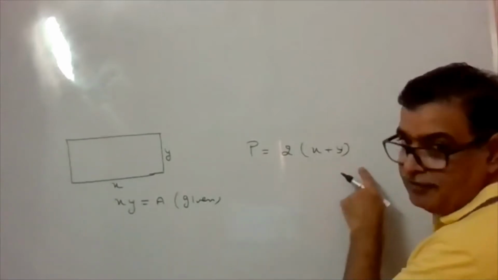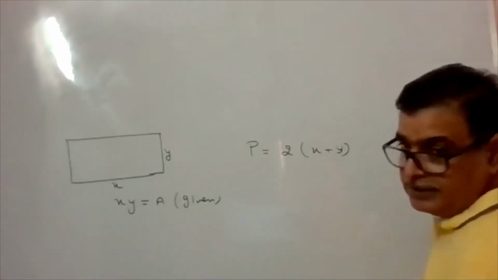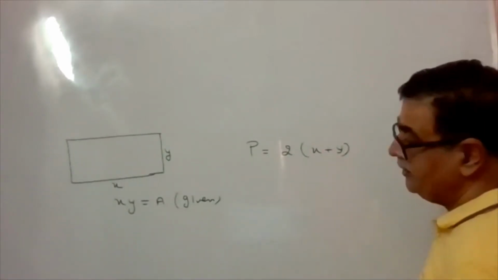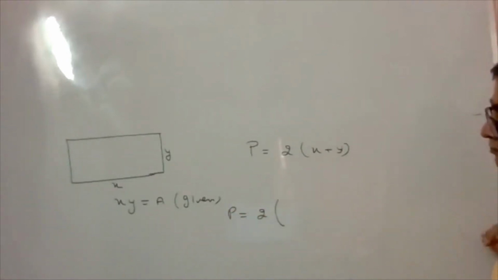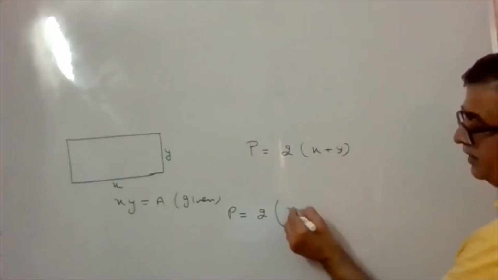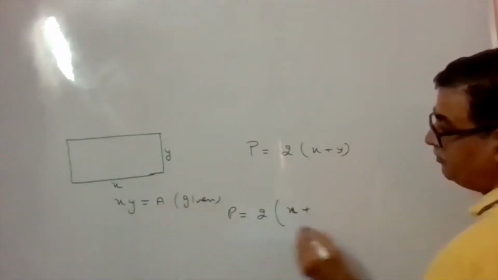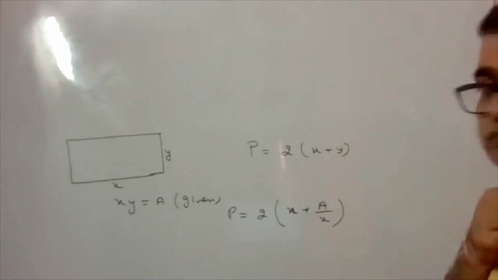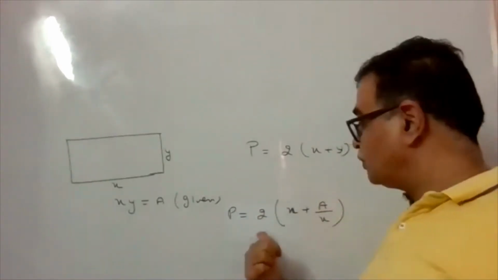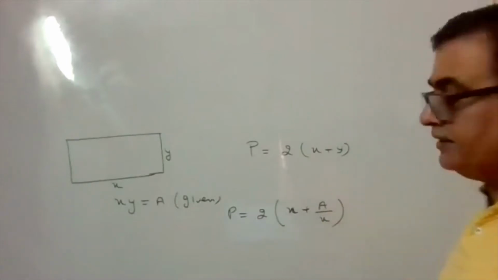As these three are variables and this is our given case, we will convert this into a single variable. Perimeter equals twice x plus y. What is y in this case? y will be a by x. Perimeter is twice x plus a by x.